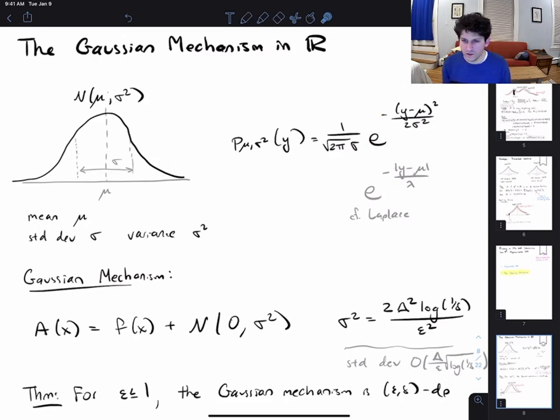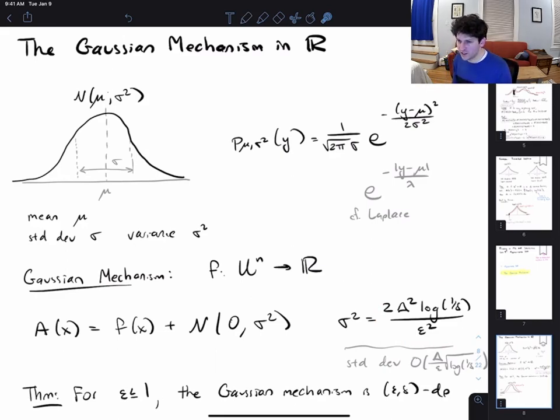If we have a real valued statistic, just like in the case of the Laplace mechanism, we can look at some real valued statistic that maps data sets to a real number. The Gaussian mechanism is to take this statistic f, compute the true value f of x, and then add noise from a Gaussian whose mean is 0 and whose variance is set to 2 times the sensitivity squared times log 1 over delta, over epsilon squared.